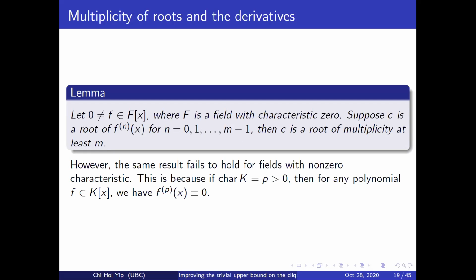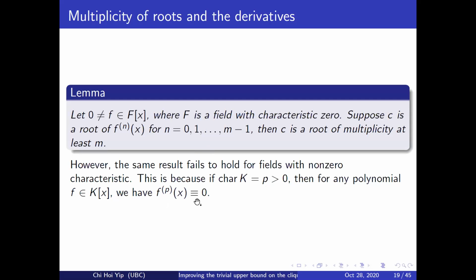However, this result fails to hold for fields with non-zero characteristic, because if we consider a field with positive characteristic, and we know that the characteristic must be a prime number p, then for any polynomial f in this ring k[x], if we take the p-th order derivative, it will be identically 0 because the derivative consists of a factor of p, which is 0 in this characteristic p field.